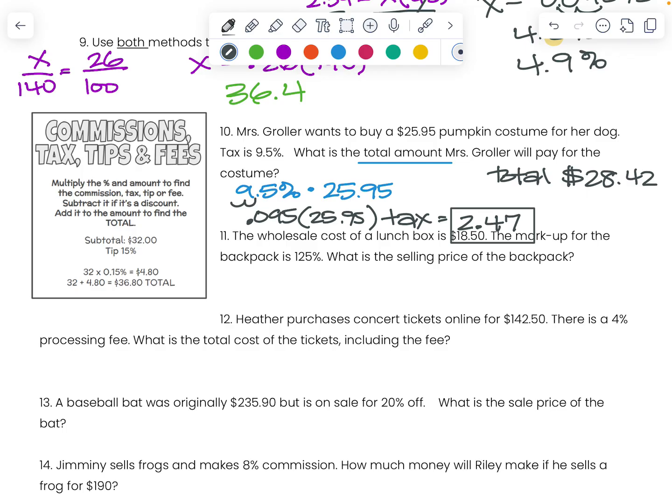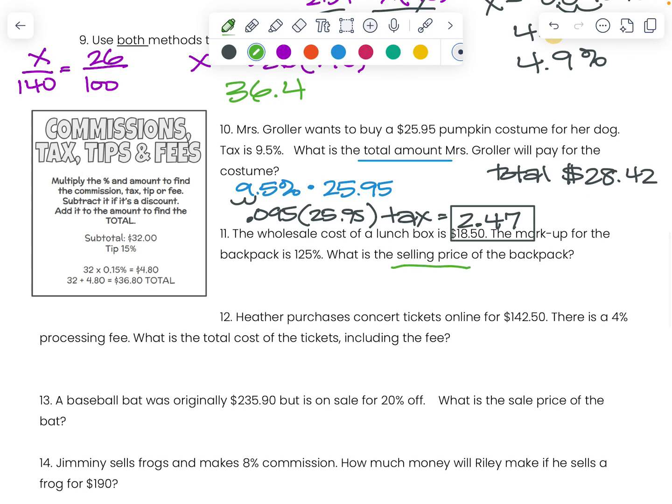Wholesale cost of a lunchbox is $18.50. The markup is 125%. That's a lot. And then they want the selling price. So I've got to add on that markup. So I'm going to find 125% of $18.50 for the markup. Make this a decimal. 1.25 times 18.50.